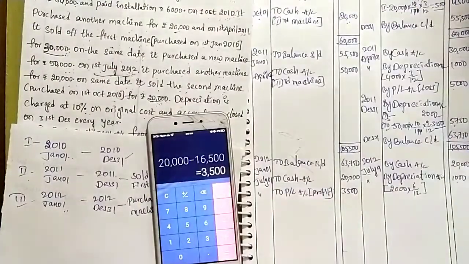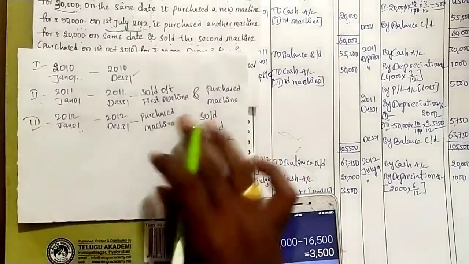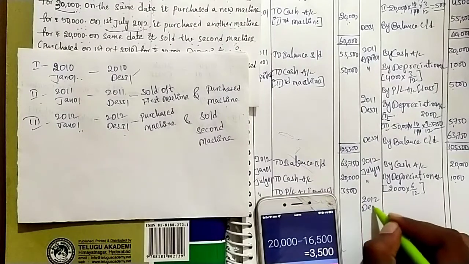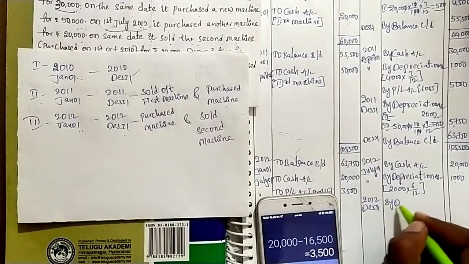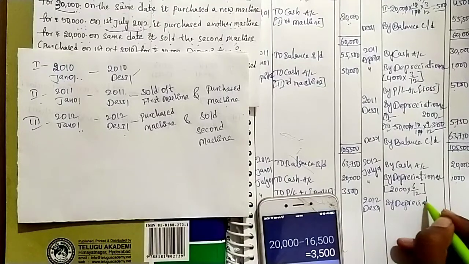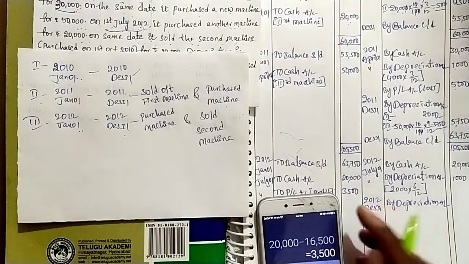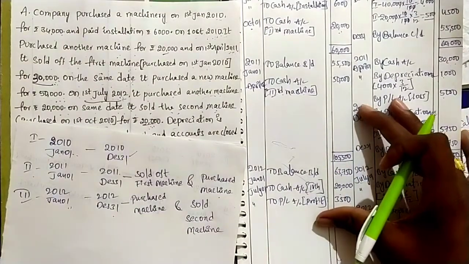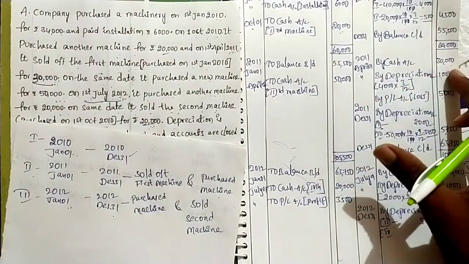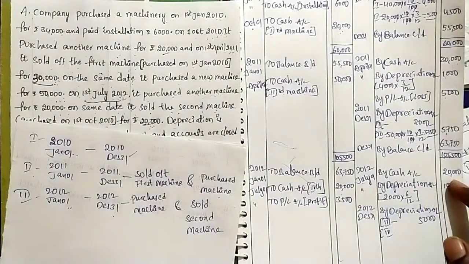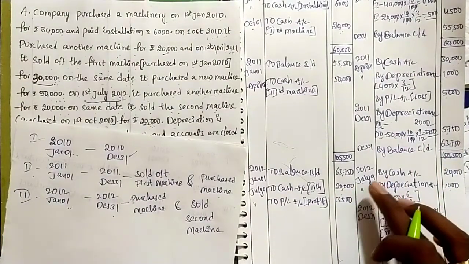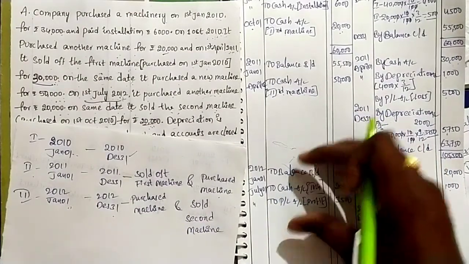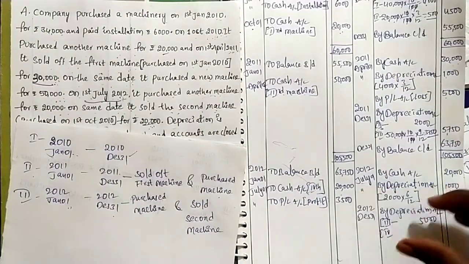Next, end of the third year, 2012 December 31st. We have to provide depreciation account. The business organization has 4 machines. Out of the 4 machines, the first machine is sold and the second machine is sold. The remaining third and fourth machines will continue in the business.